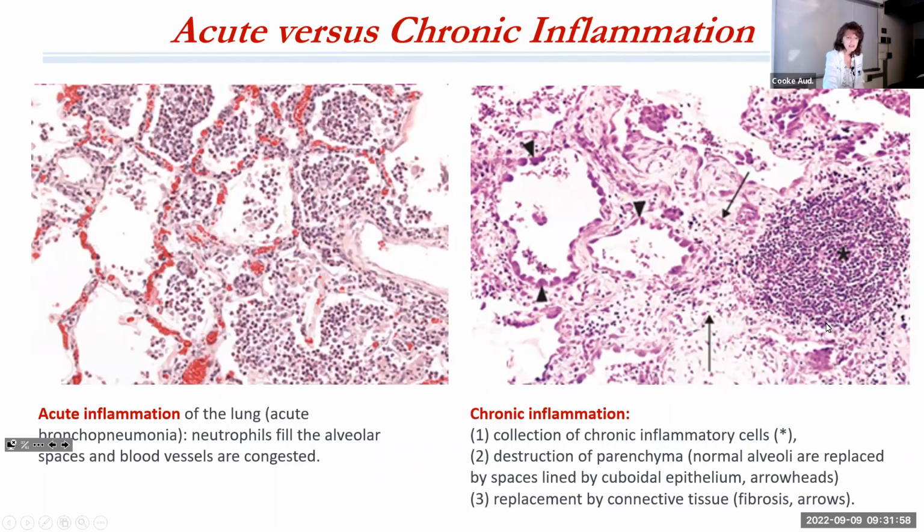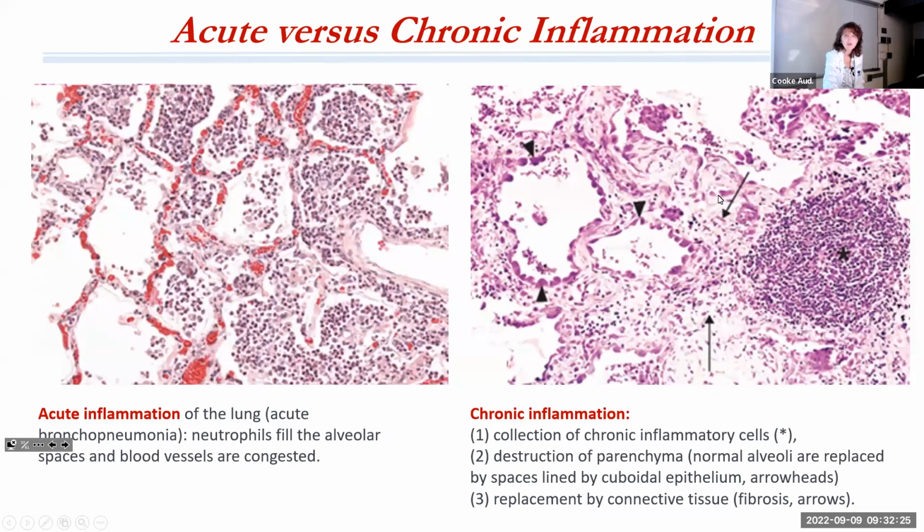The first thing you will notice is that there is no classic alveolar space. All the alveolar spaces were replaced by these irregularly shaped spaces lined by this cuboidal epithelium. What else do you see? You see this collection of inflammatory cells right here. And also in between, you see these pink areas. That is fibrosis.